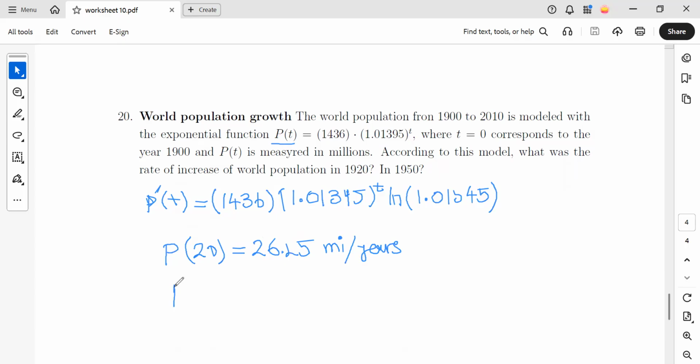And for the next one, which is 1950, it is 50 years after 1900. So you would plug in for 50, of course, for P prime, and it will be approximately 39.78 million years.